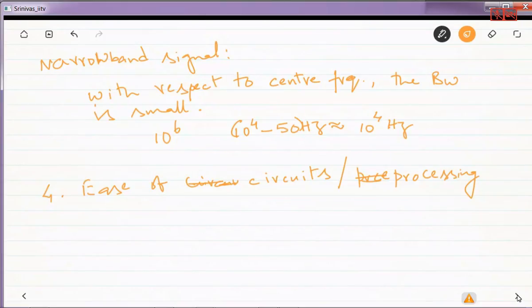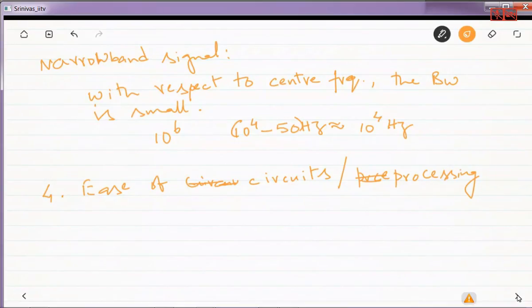Say we want to process signals of bandwidth W, either between F1 to F2 or F3 to F4 or F5 to F6, right? We prefer to use the same circuits. In that case, it is advantageous if we convert those signals into a predefined band.